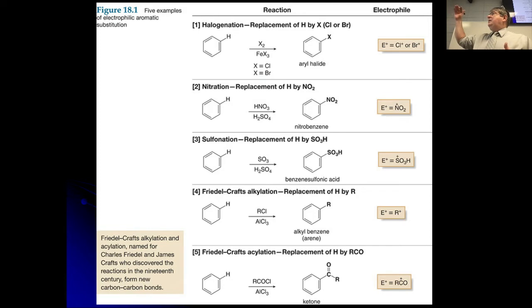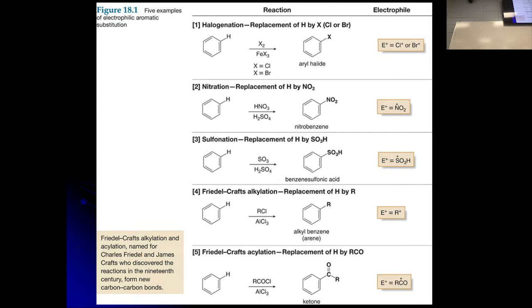You're going to need to know each and every one of these reactions. I can add a halogen to an aromatic ring, but it's not addition. It's substituting the chlorine or bromine for the hydrogen. This really only works for chlorine and bromine. Notice what's different there.